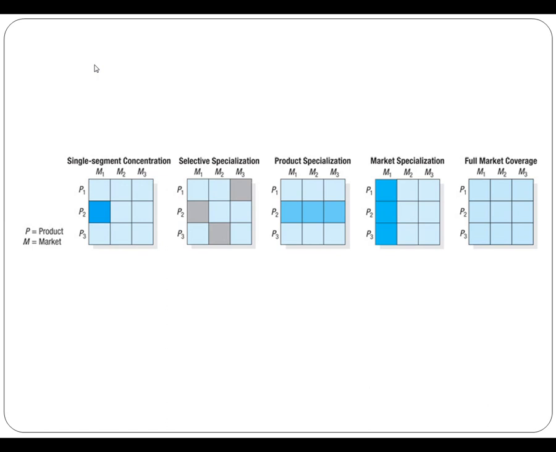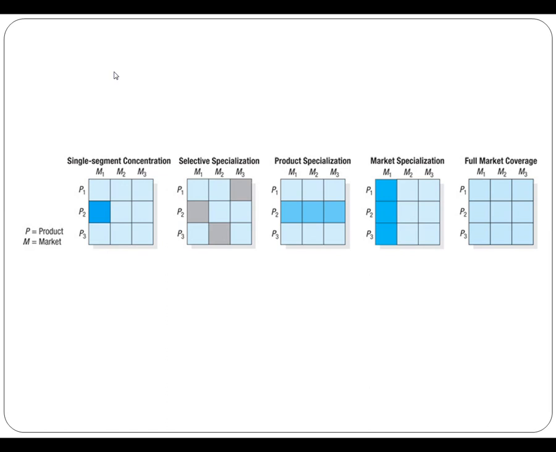And it just really depends. But selective and full market are probably to some degree the least risky. But think about market specialization, for example. You're becoming the one-stop shop for them. But what happens if that market goes away? Then what do you have? Nothing. You've got to start from scratch.